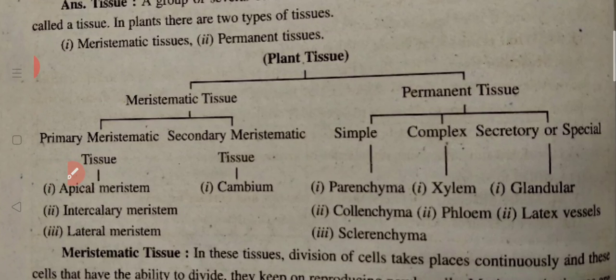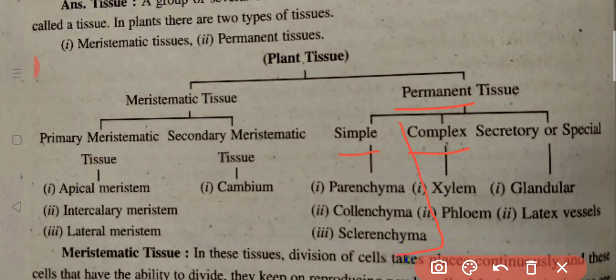Those meristematic tissues that lose the ability of division and become permanent are called permanent tissue. Permanent tissues are three types. First is simple permanent tissue, second is complex permanent tissue. Today we will read only simple permanent tissue.